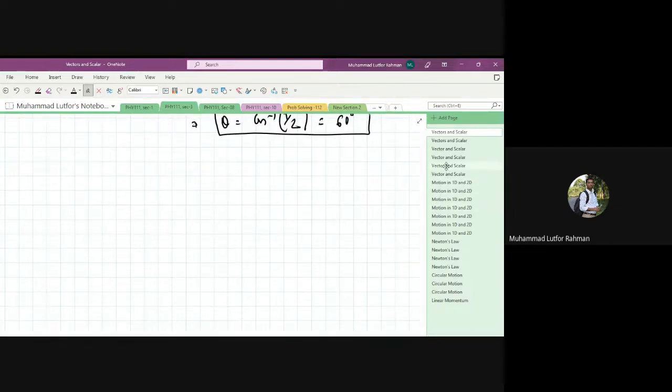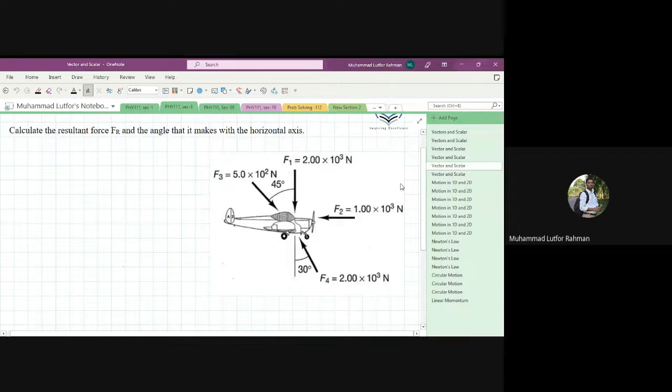All right, next, this is another problem. It is also an interesting case actually. So a plane is basically landing. When it's landing, these are the four forces actually acting on it.